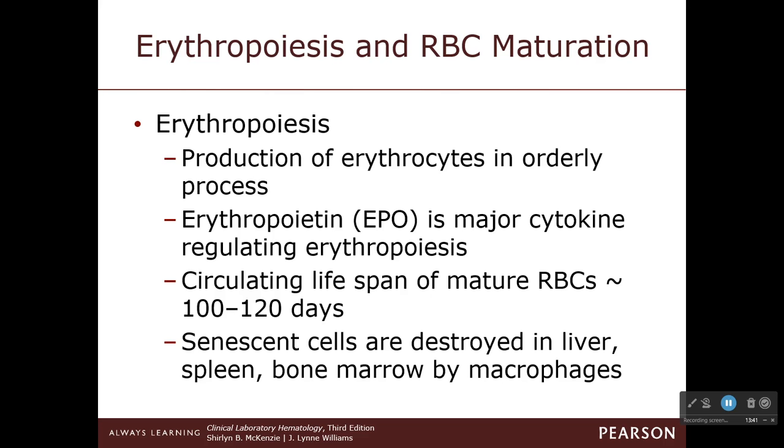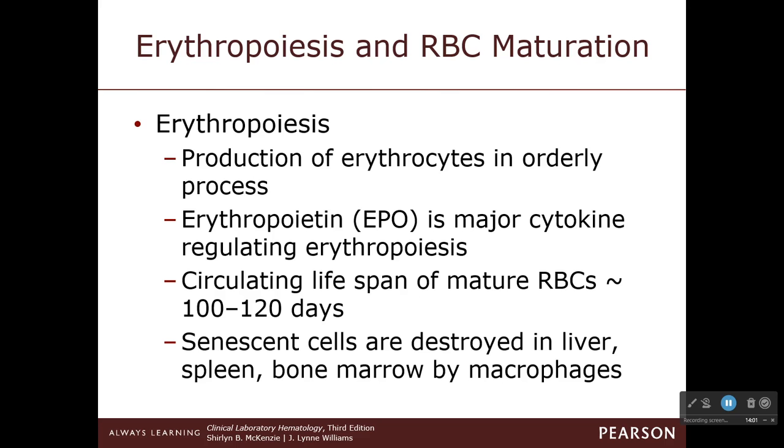Remember how we talked about commitment, where it's going to become that one unilineage? I used that term a couple of times last unit. Unilineage means it's just going to go to one cell, and in this case, we're talking about erythroid.